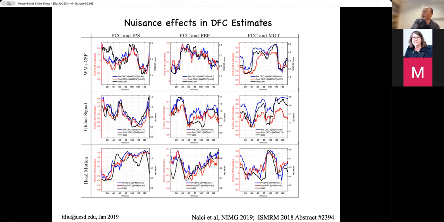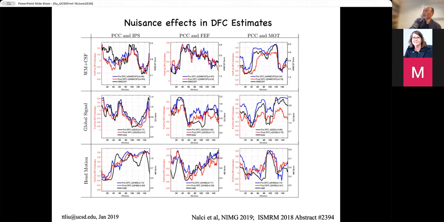You can see that even before and after regression, your dynamic functional connectivity is still strongly correlated with this global signal. So it's important to realize that just because you apply a method doesn't mean it's working for your application. You need to go back and check whether it is still correlated with your regressor or not.